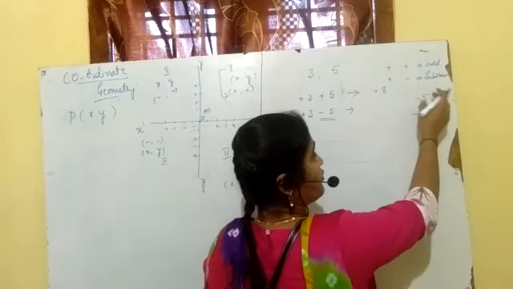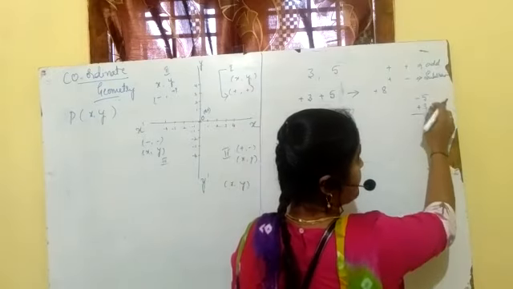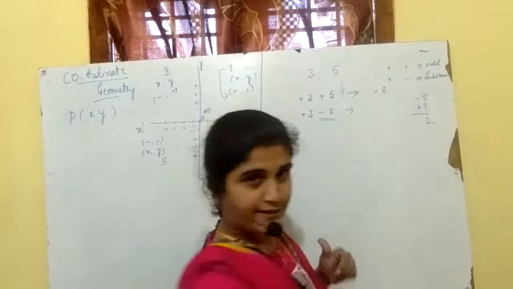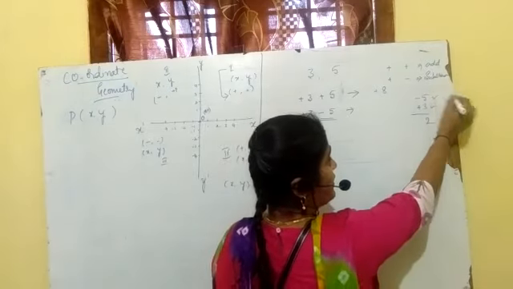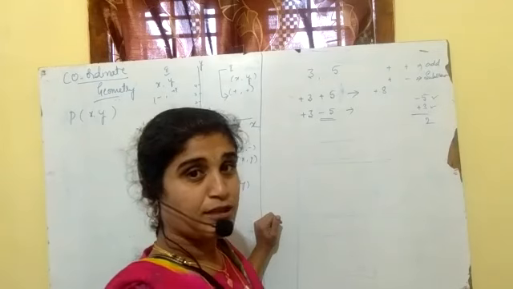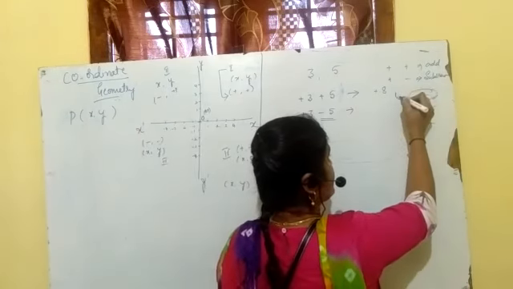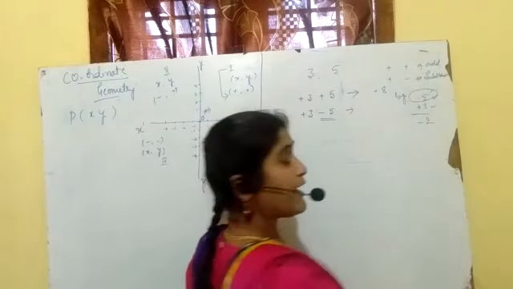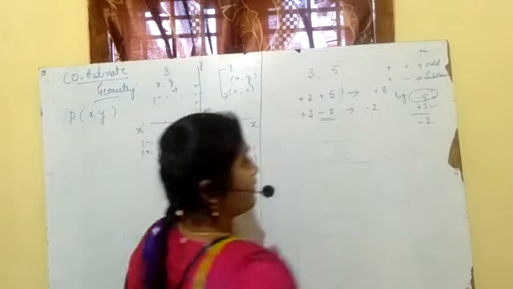We have to subtract because one is plus and another one is minus. So 5 minus 3 is 2. But which 2 is it, plus 2 or minus 2? Then you have to know which is the bigger number. The bigger number's sign is minus. That is why I will write minus 2.